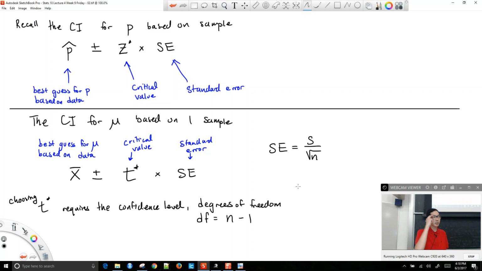The concept of degrees of freedom is, you know, we could play some silly game, and I can say we're going to pick 10 numbers together as a class, and if you guys can pick 9 numbers, and as long as I get to pick the last number, I can guarantee that the average of your 10 numbers will be 100.